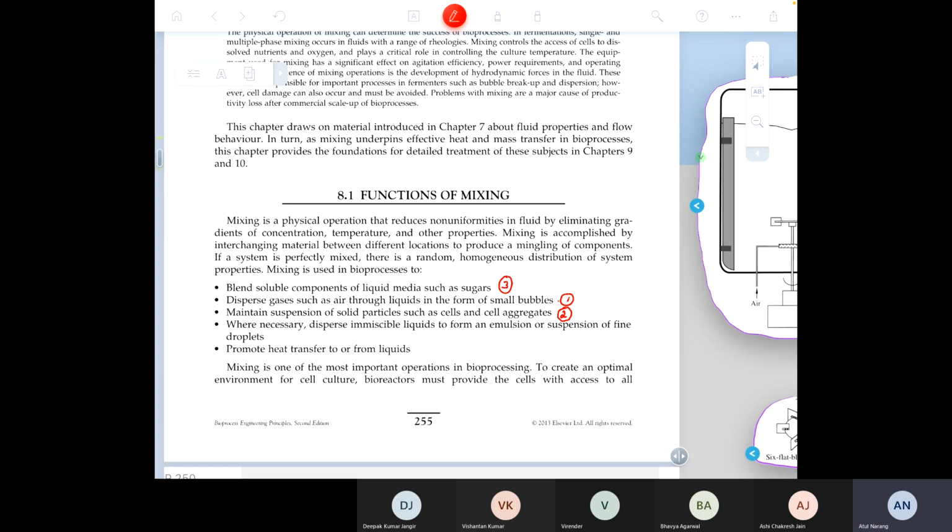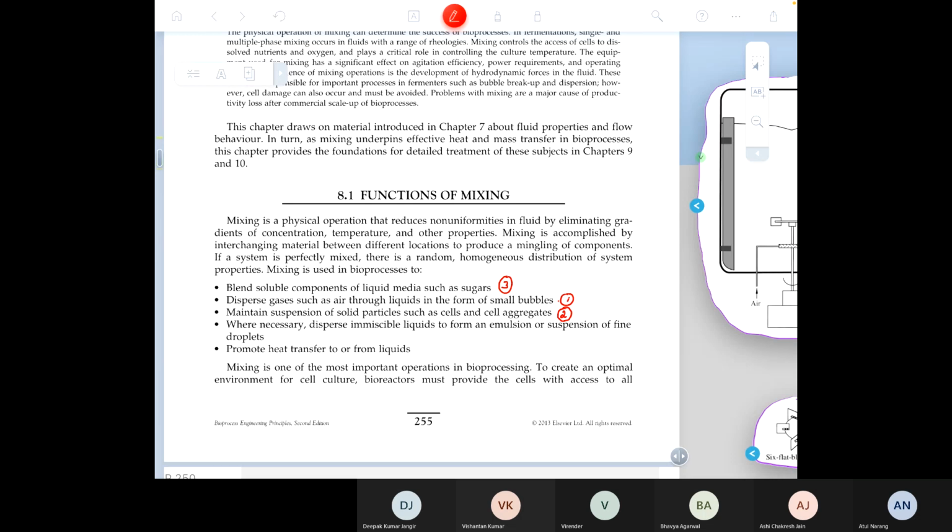The second is to make sure that the cells don't settle down at the bottom, that they remain suspended equally in all parts of the reactor. The third is to make sure that the liquid doesn't have dead volumes, that it is well mixed at every point inside the reactor. That's, of course, the ideal goal.